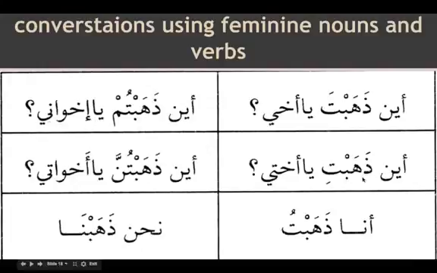If it is feminine, we say أين ذهبتِ يا أختي, where did you go, my sister. أين ذهبتن, where did you go, يا أخواتي, my sisters. So we say أنا ذهبت, نحن ذهبنا. So this is our practice for fa'il and fa'il for masculine and feminine.